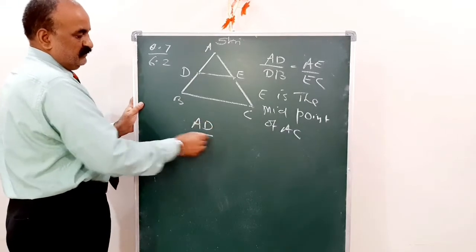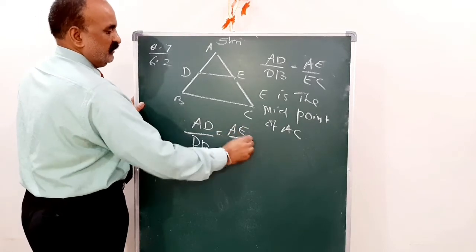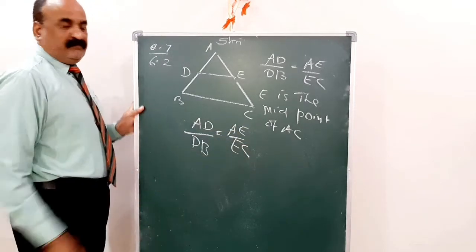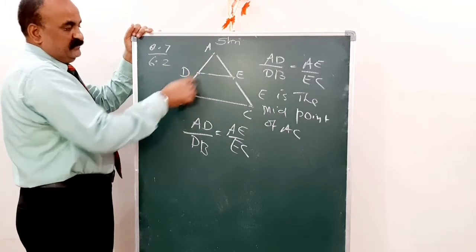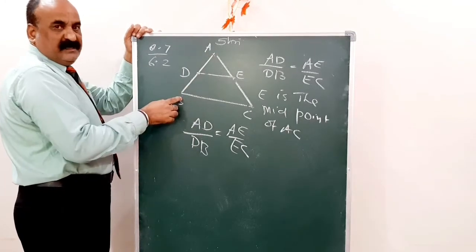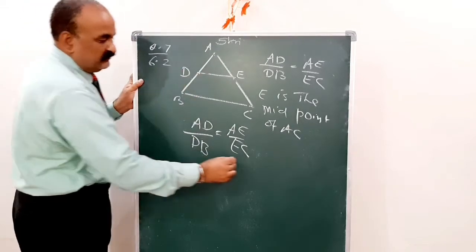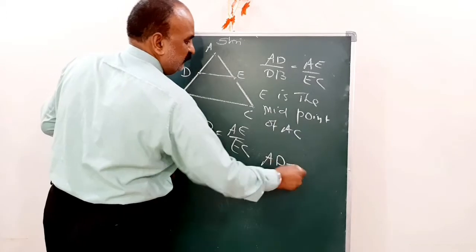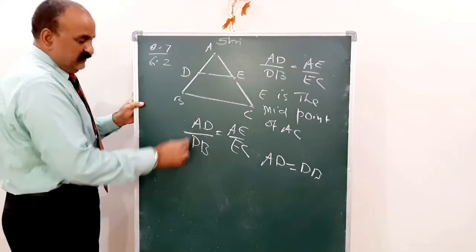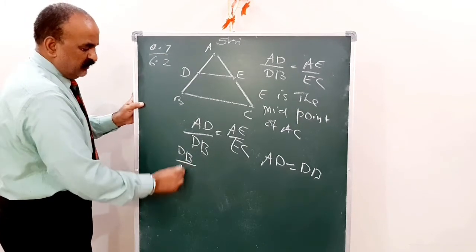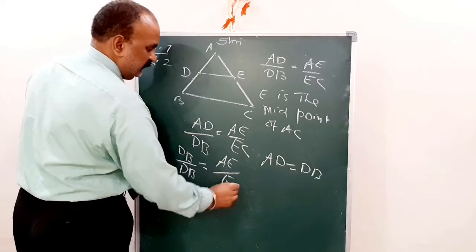AD upon DB is equal to AE upon EC. But D is the midpoint of AB. It means AD is equal to DB. So in place of AD you can put DB. It means DB upon DB is equal to AE upon EC.